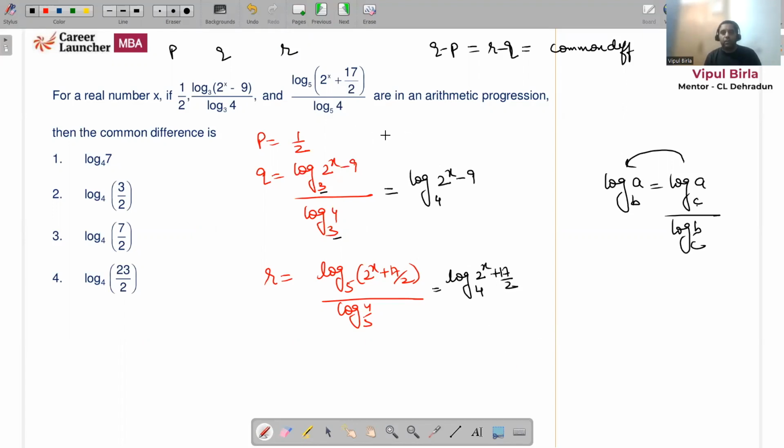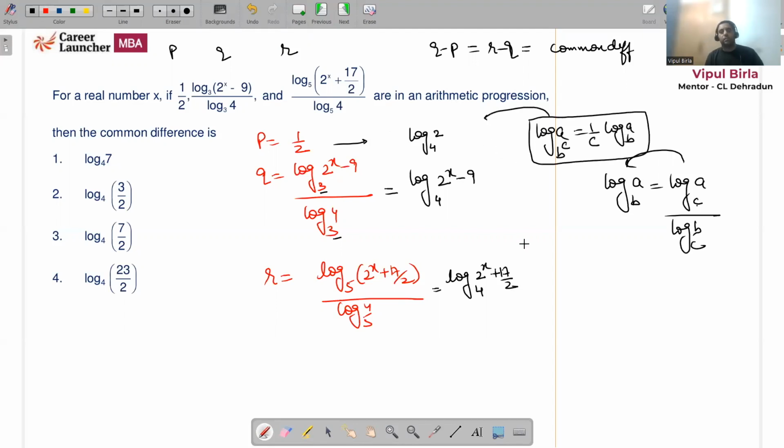And I know P is half, so just convert that also into log to the base 4, which can be written as log 2 to the base 4, because log a to the base b to the power c can be rewritten as 1 upon c log a to the base b. So with the same logic, this can be written this way. So now we know the values of P, Q, R. Since they are in AP, Q minus P should be equal to R minus Q, or in other words, twice Q is equal to P plus R.